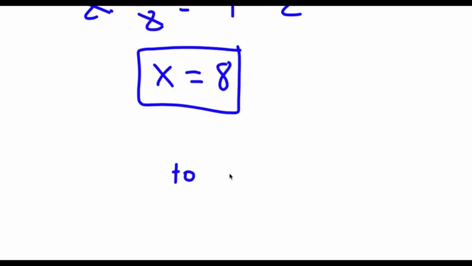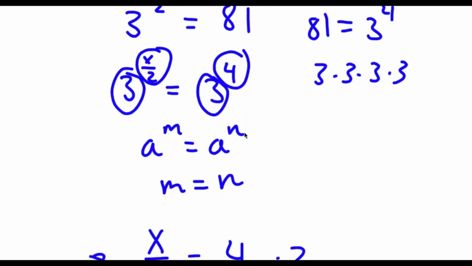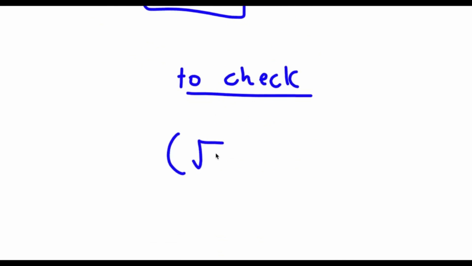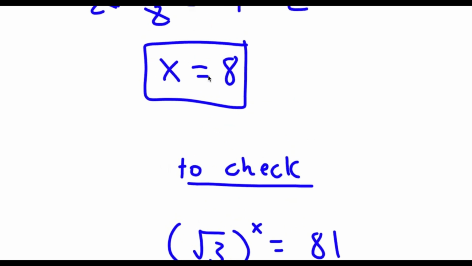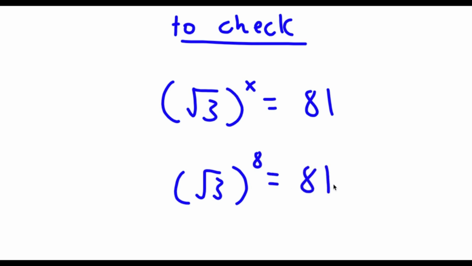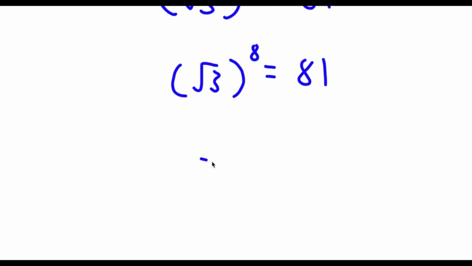So now to check, I have the square root of 3 to the power of x is equal to 81. So we know that x is equal to 8, so now I have the square root of 3 to the power of 8 is equal to 81. Now remember, the square root of 3 is the same thing as 3 to the power of 1/2.